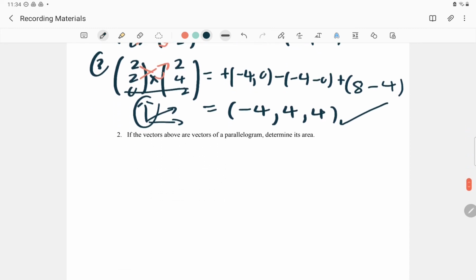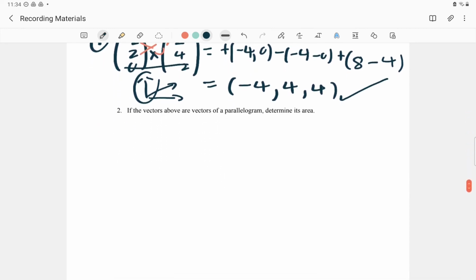So moving on to the second example. If the vectors above are vectors of a parallelogram, determine its area. To determine an area of a parallelogram with given vectors, we can simply find the cross product between the two vectors and then turn it into the magnitude of the vector.